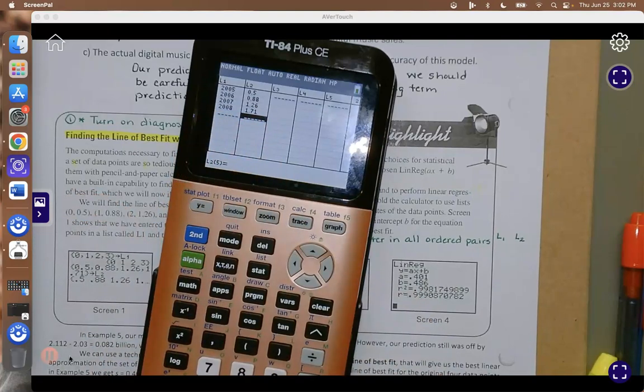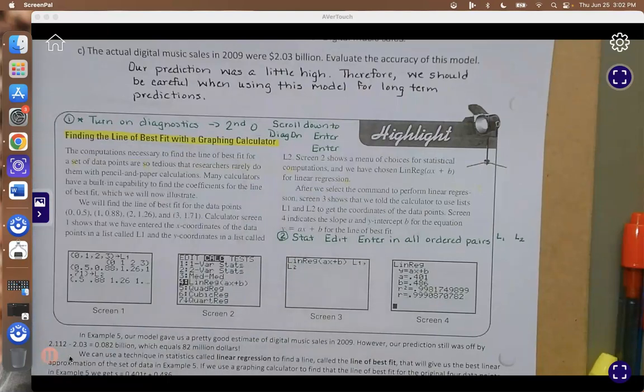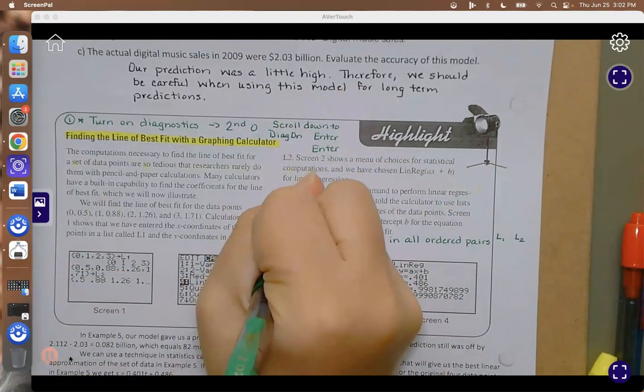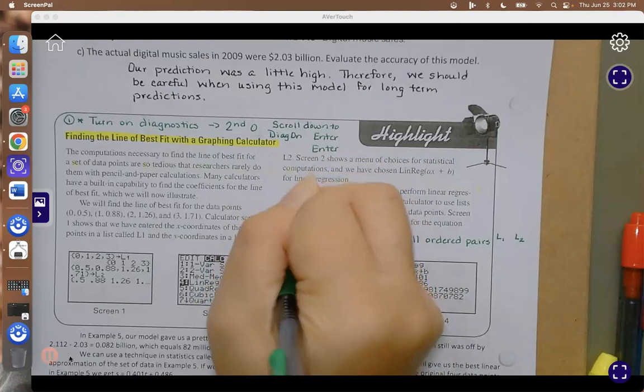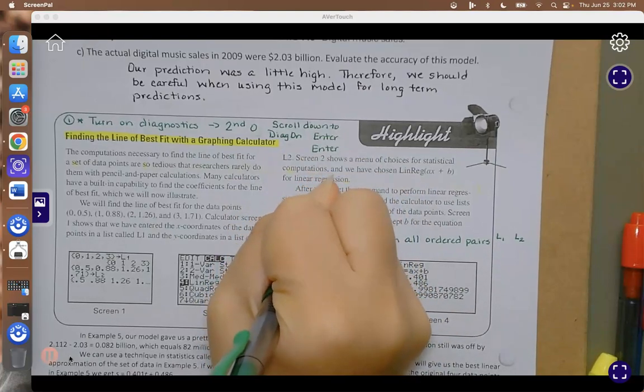Okay. Then, to get our actual equation, we had to give it the numbers that it was working with.